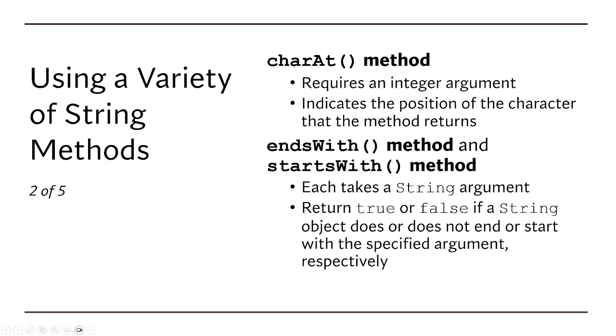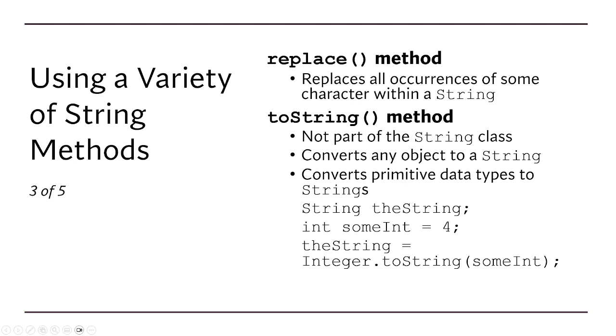All right, the next method is replace, which is pretty cool. You can replace all occurrences of a character within a string using replace. And the toString method is not part of the string class, but it is how we convert primitive data types to strings. So we can use String, Integer.toString, someInt.